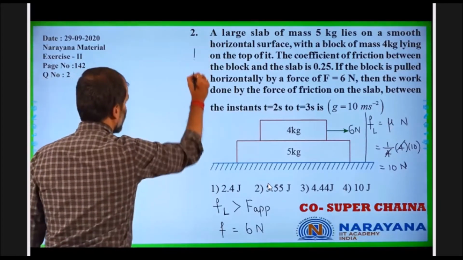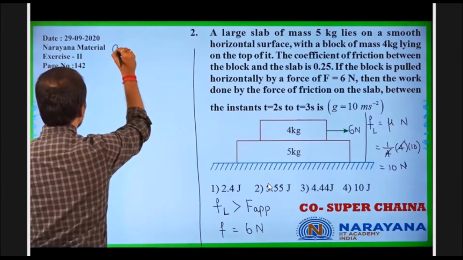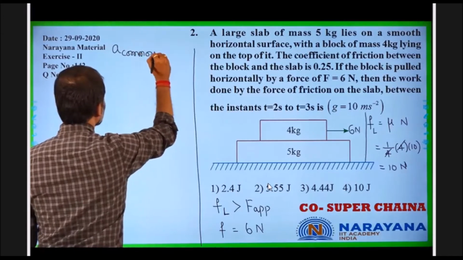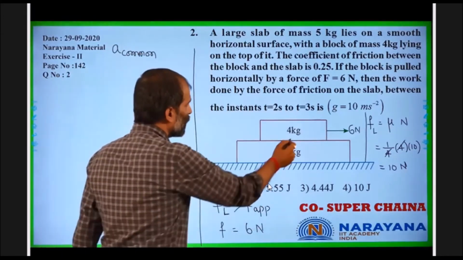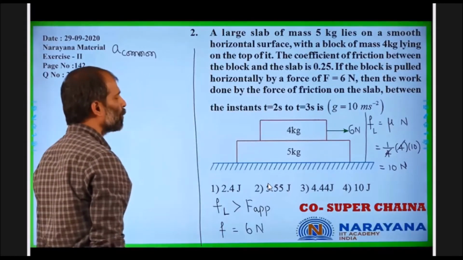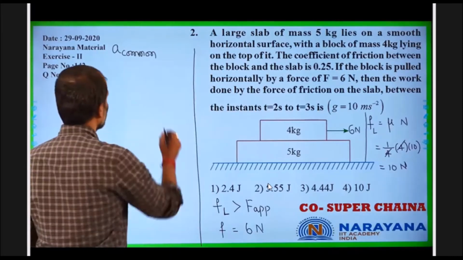Now let us consider the common acceleration with which both the blocks move. Since the maximum frictional force is greater than the applied force, both the blocks move together with common acceleration.